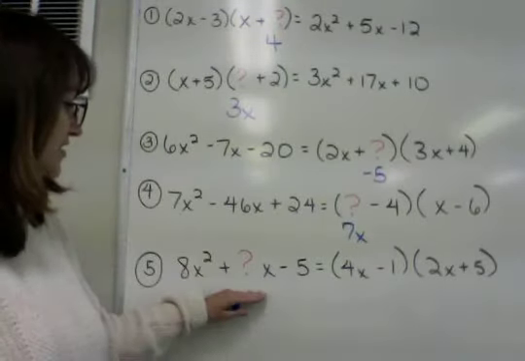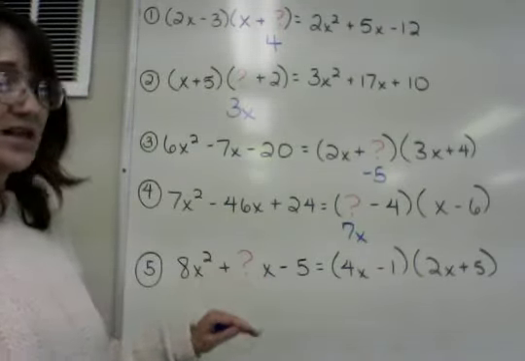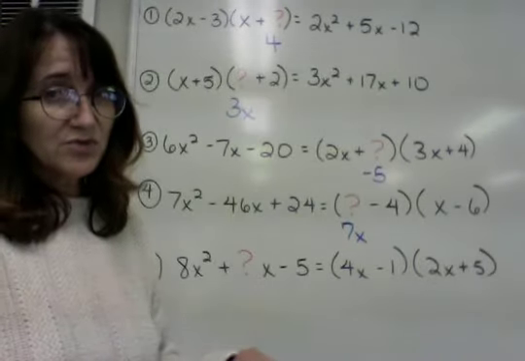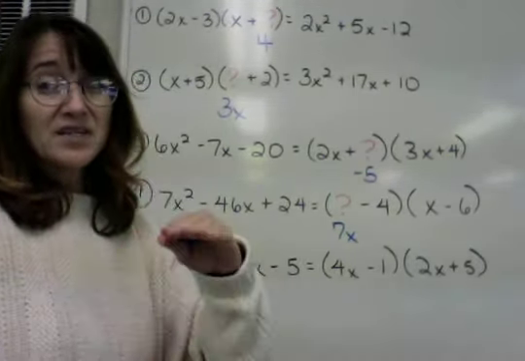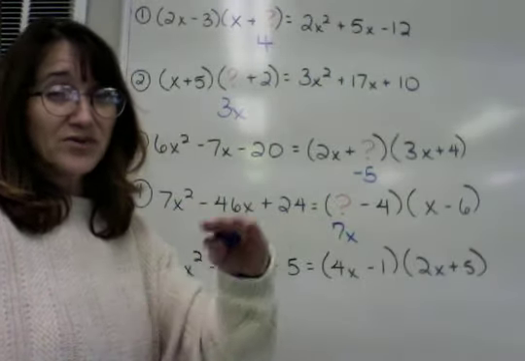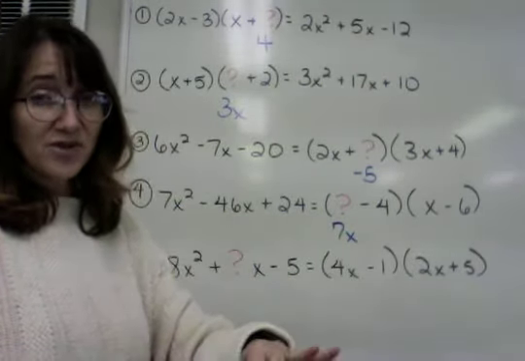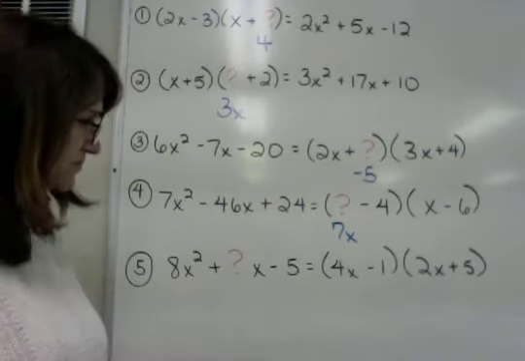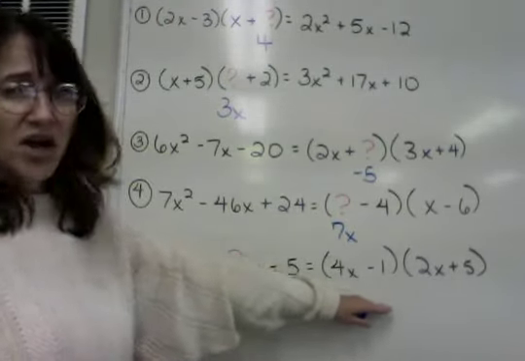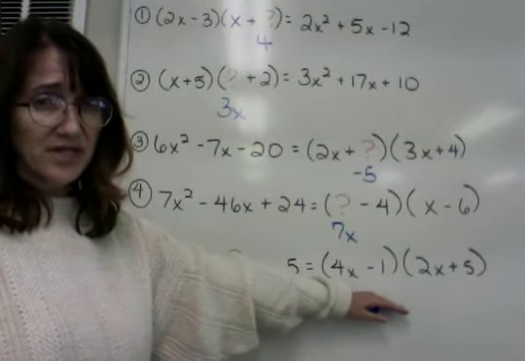Your last one, this middle term. This one's a little more challenging because remember, if we were using FOIL, that would be O, that would be outer, that would be I, the inner terms, added together in order to get this in the middle. So you might even have to say, all right, it's factored out right here.